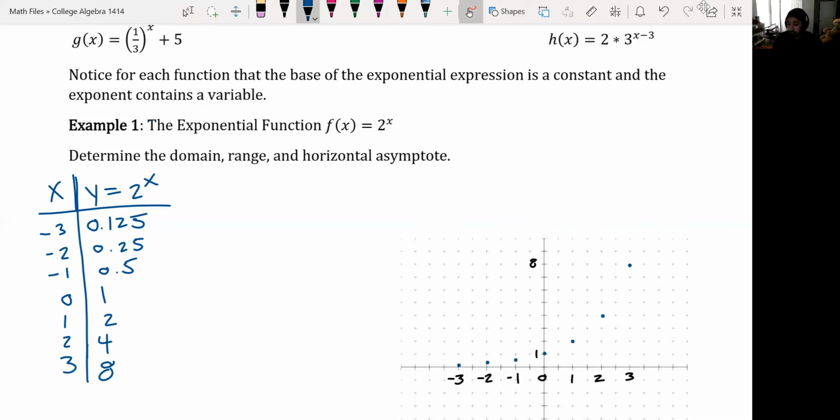Okay, let's go ahead and connect our points. And if I do so, coming from -infinity, I'm going to get really, really close to the x-axis, but I'm never, ever going to touch the x-axis. We'll get more into that.